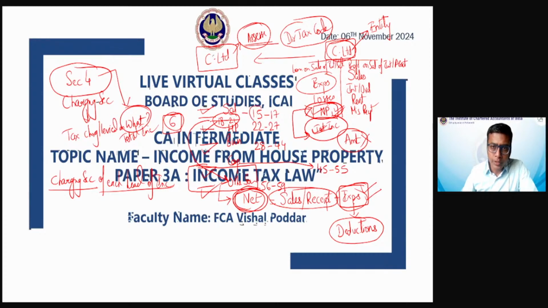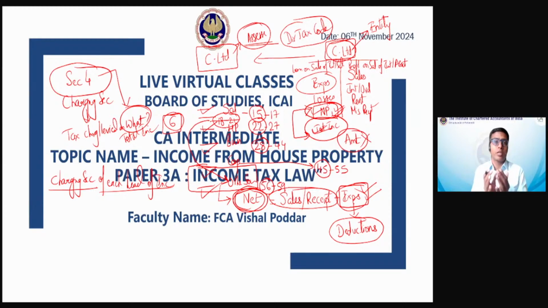Now, the first section of each head is the charging section of that head. Means what? It is that section which will tell you which income will be covered under that head. And these charging sections have provided certain conditions. They have provided certain definitions wherever required.